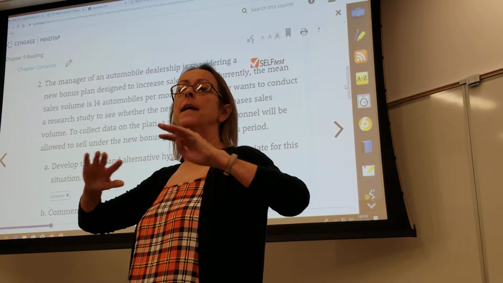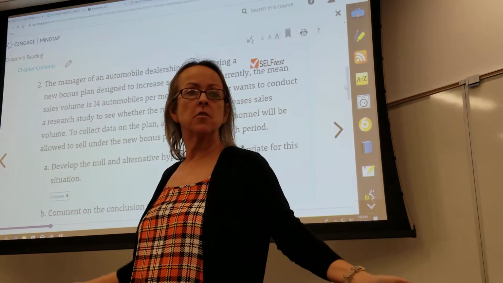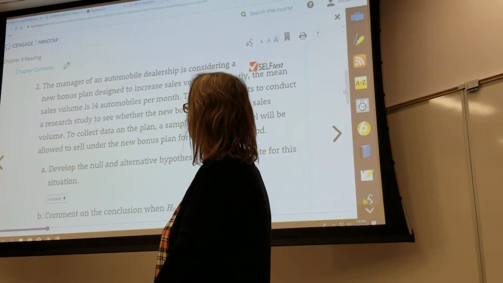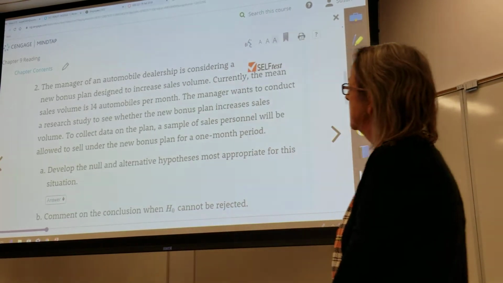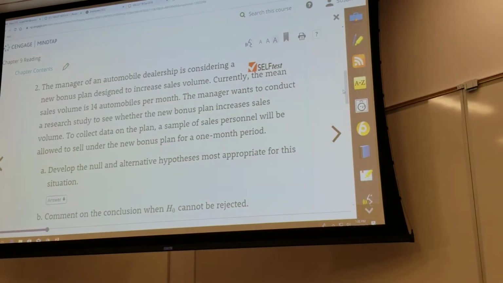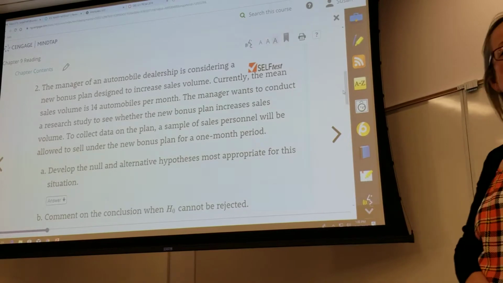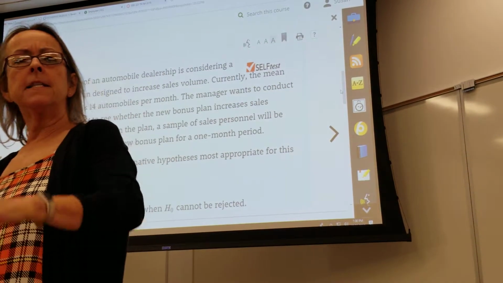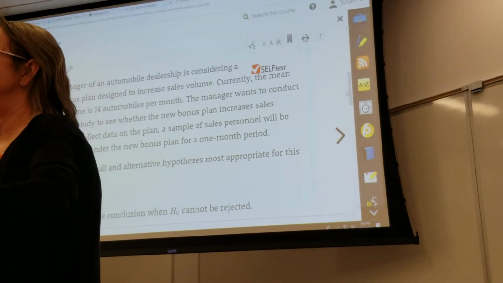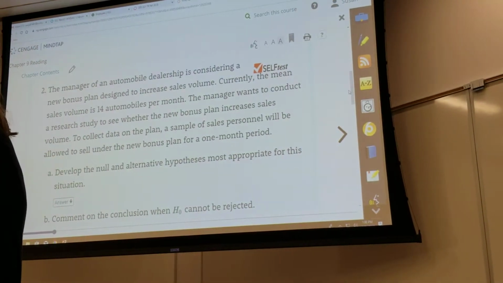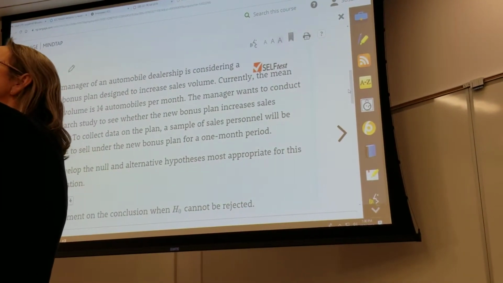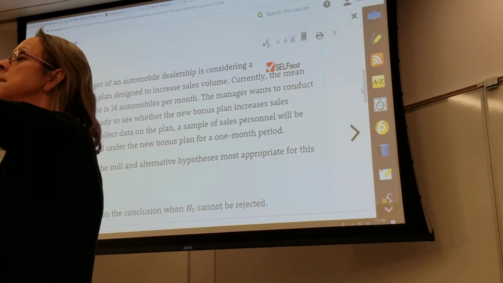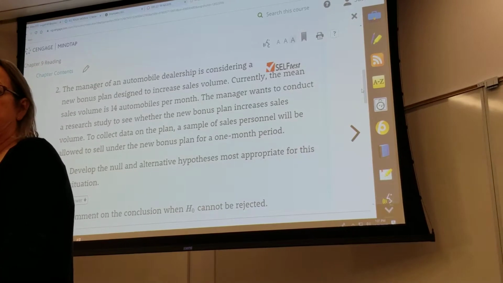I currently pay you $2,000 each. The manager wants to conduct a research study to see if a new bonus plan will increase sales. So instead of giving you $2,000, we're going to test a new way: $1,000 a month plus $75 for every car you sell.